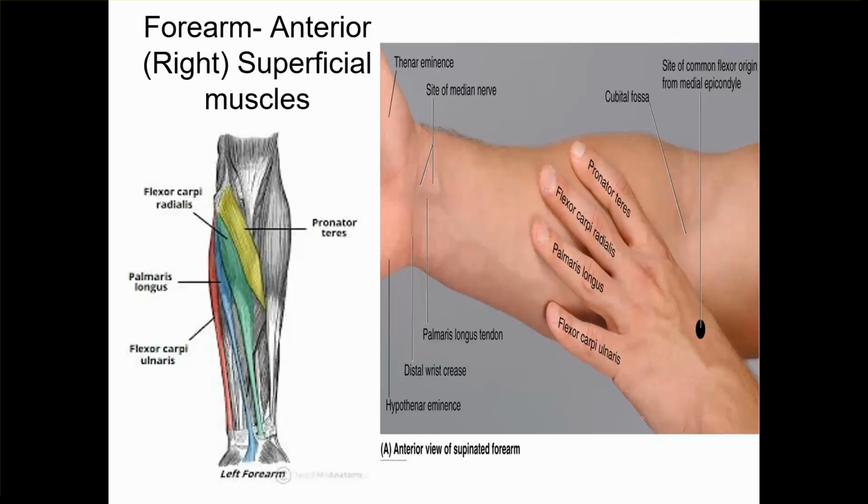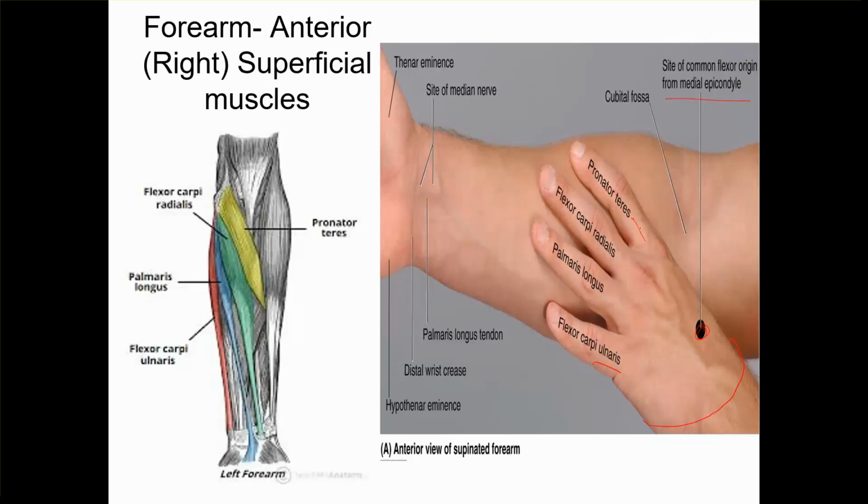When you place your hand over here, this will be like the origin of the flexor muscles, the site of common origin from the medial epicondyle. Then we can start from here. Pronator teres is one of the shortest muscles, so we can start from pronator teres, going from lateral to medial.